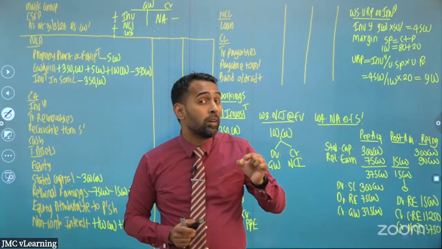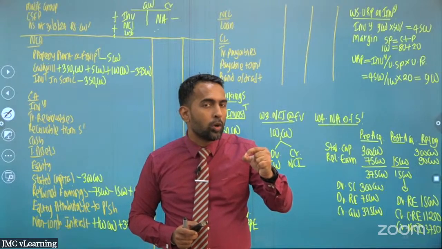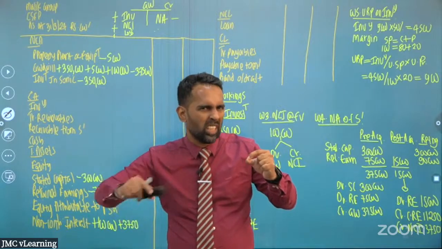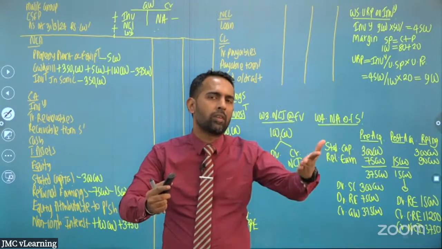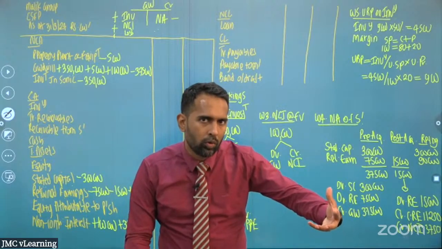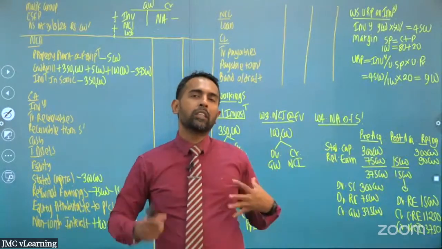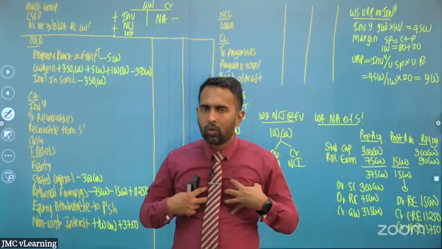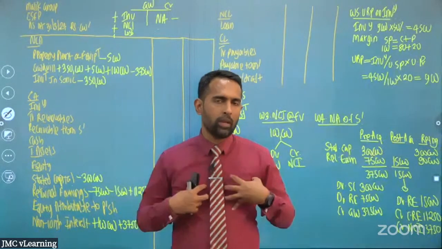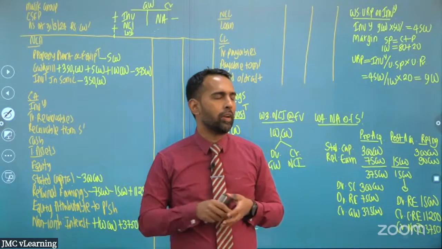Always remember, when it comes to an unrealized profit on inventory, you have to remove it from the seller's profit and the buyer's inventory. Seller is the one who kept the profit, so we have to remove that profit from the seller's profit. And buyer is the one who is holding that inventory, so you have to remove that from the buyer's inventory.